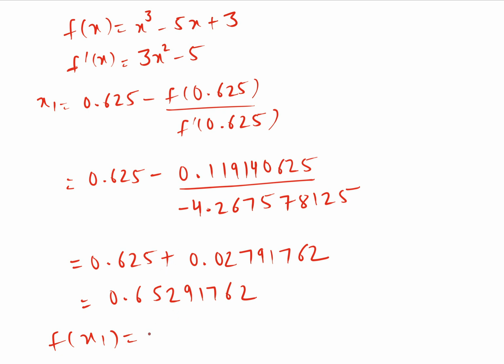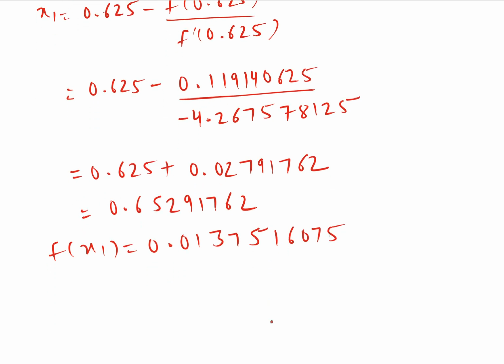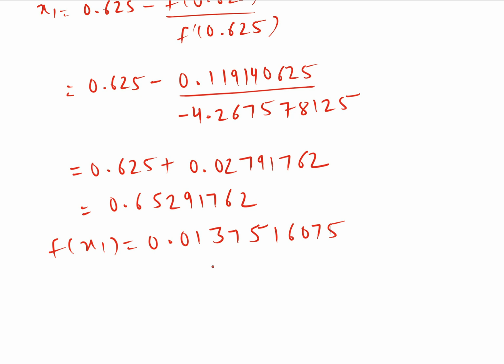This is 0.013751675. We have got 0.013, but we have to find up to 3 correct decimal places, so we need to continue the procedure.